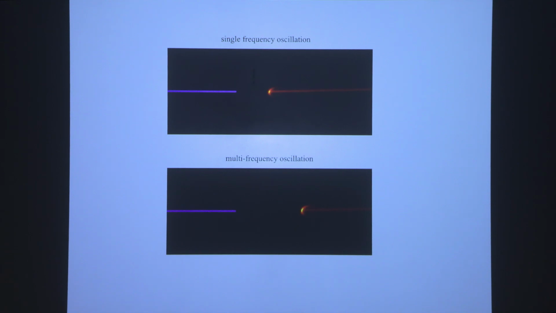And here is this one, where there is a single frequency oscillation. And this is the one with a two frequency oscillation at the points that I showed you before.